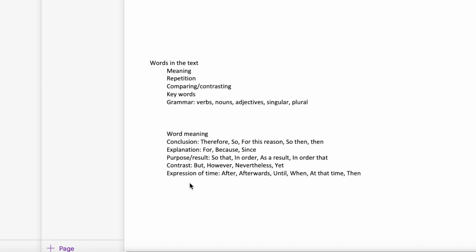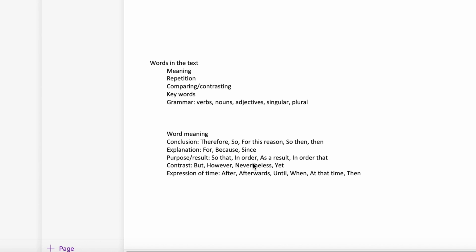Some words in the Bible you might often see, like therefore or however or nevertheless. These words do mean something when it comes to context and trying to figure out what that verse is saying. So therefore means in conclusion, because it's an explanation of, so that, or in order that, gives a purpose or a result.